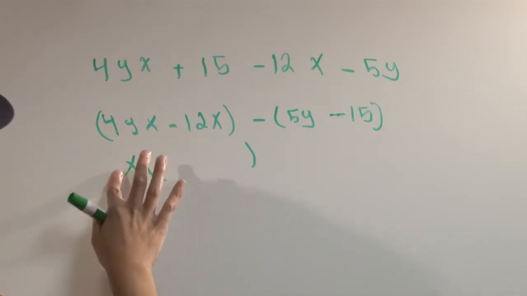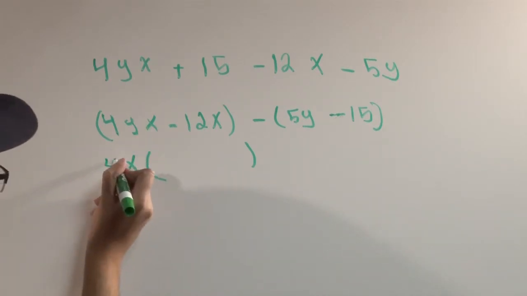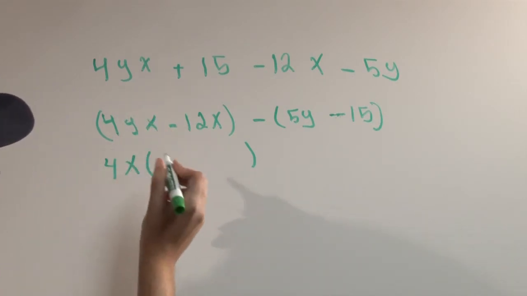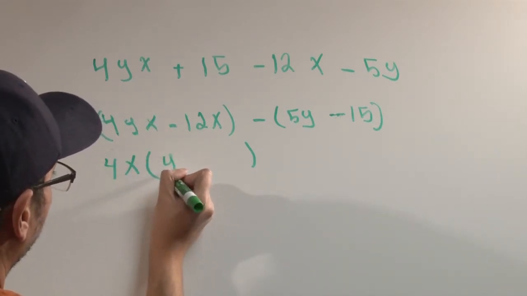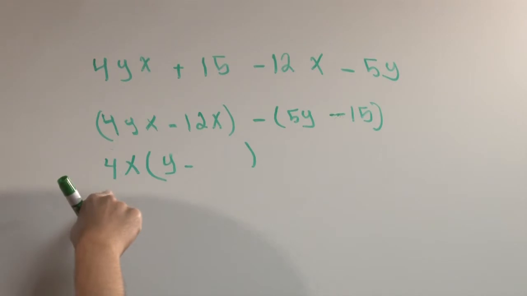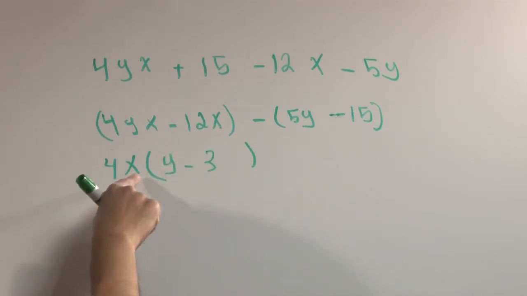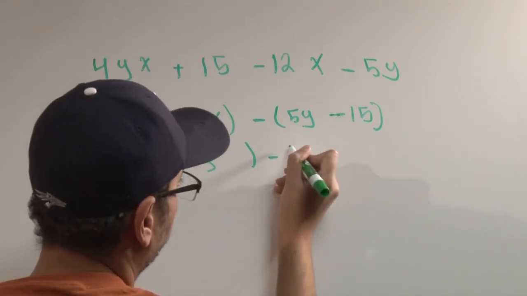Excuse me, this is 4, I'm sorry. 4 is gone, and there is x, so that would be y, and 12 divided by 4 is 3, and x is gone already. Minus.